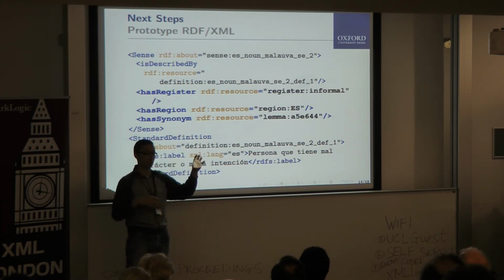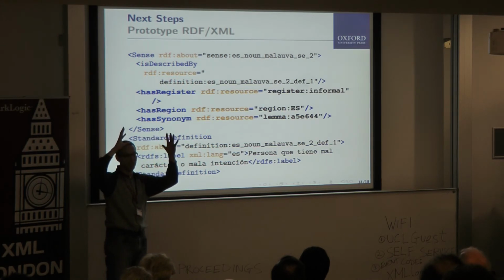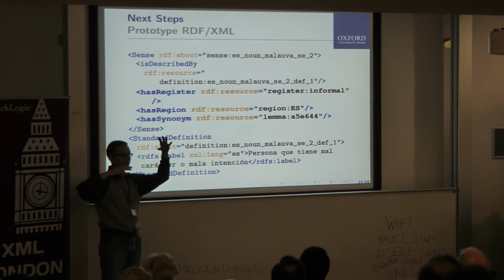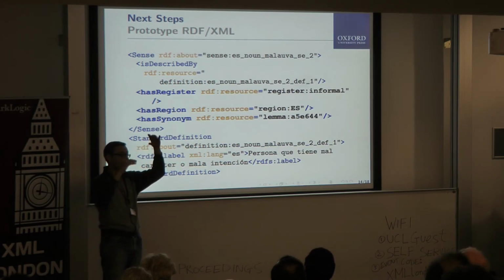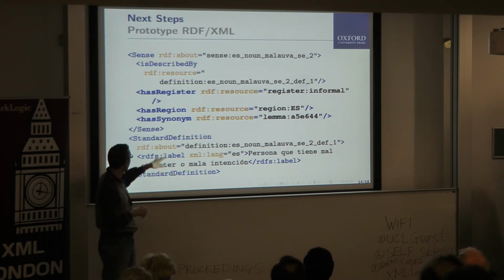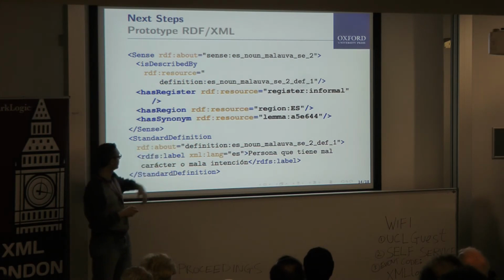Typically for region, we might have a class Spanish, but then we can have subclasses where Spanish from Spain, or Mexican Spanish, or South American Spanish, and we can then apply this inference mechanism just by the way the ontology is built.